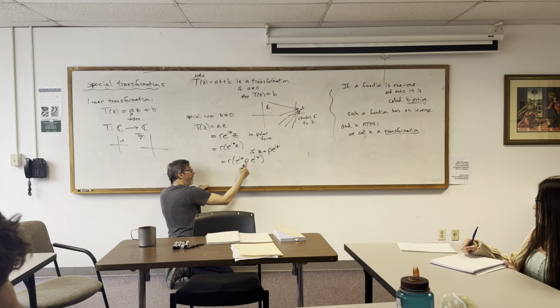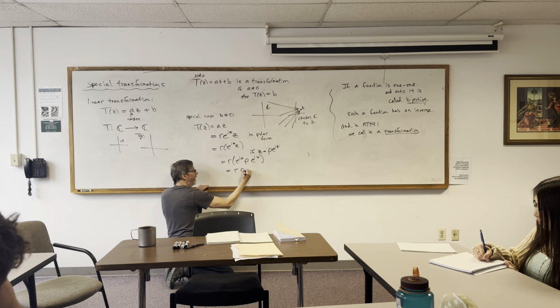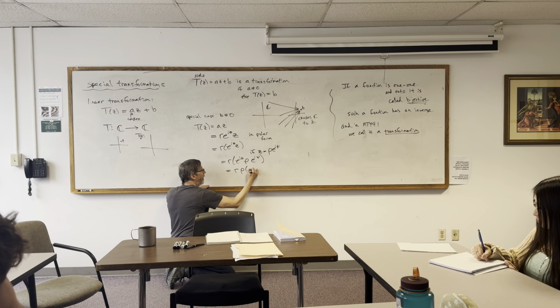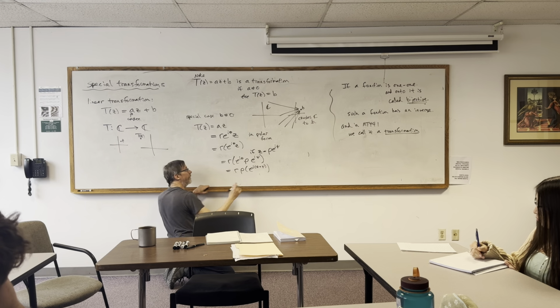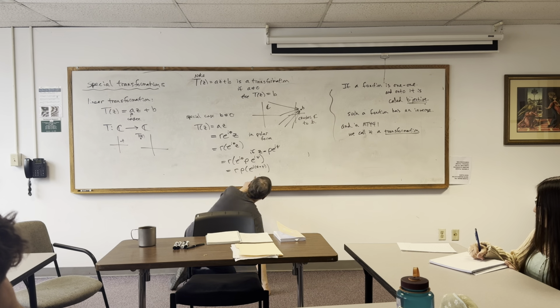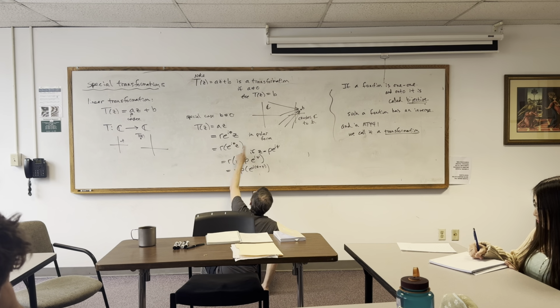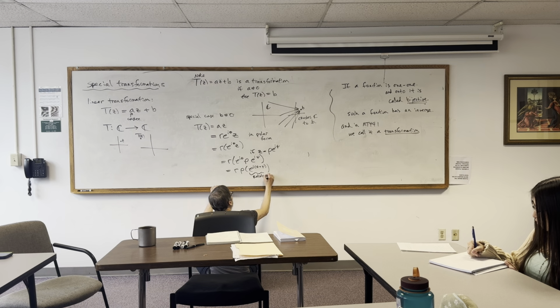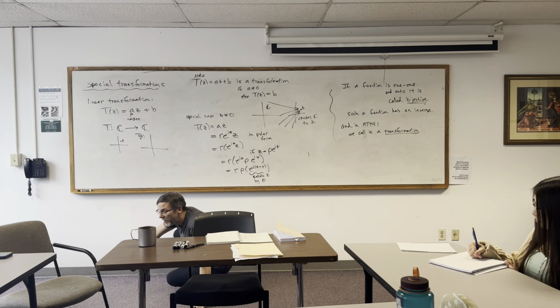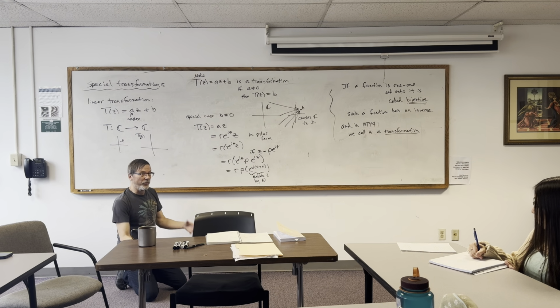I'm going to group together those two things. So we've got rho, phi. I'm going to pull that out there, and then I add the arguments. So notice that this just adds theta to the angle of the input. So this right here is rotate Z by theta. So there's a rotation.